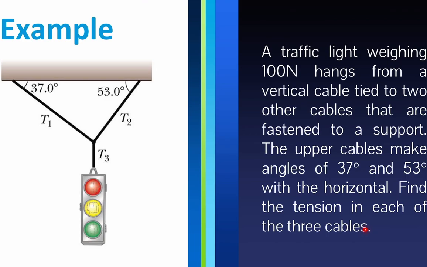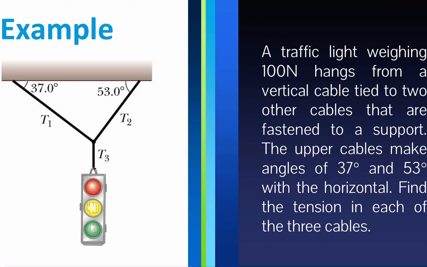So we will have two FBDs here. One FBD is the point of connection between the traffic light and the rope here, T3, and the other one is in this point of connection of the three cables. So let's consider this.